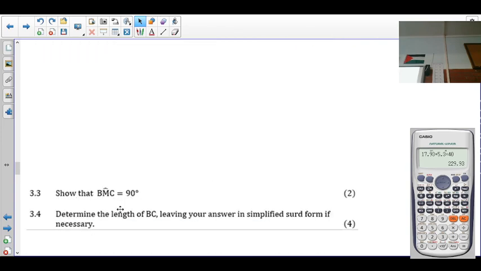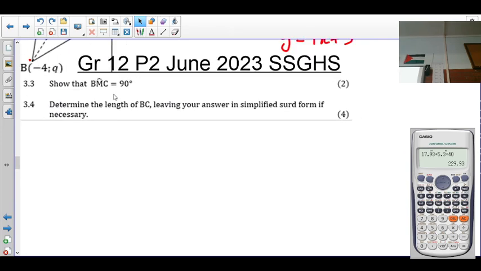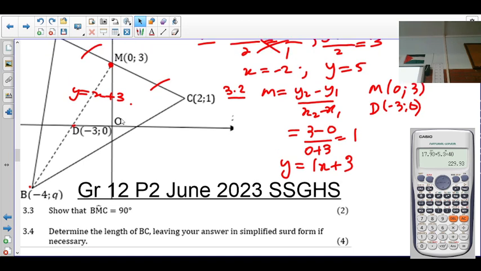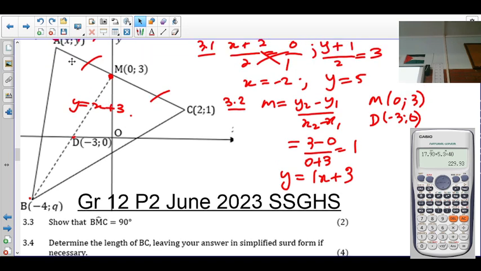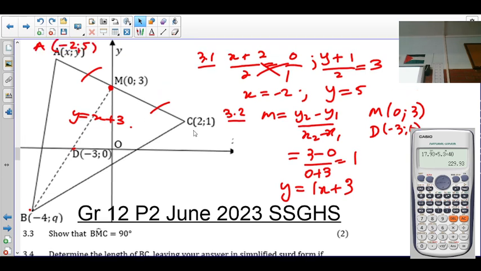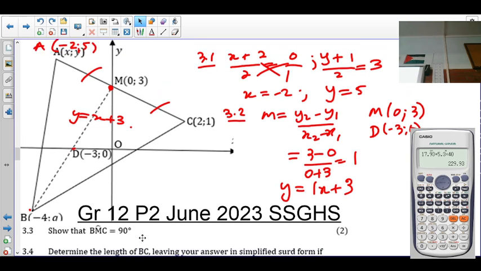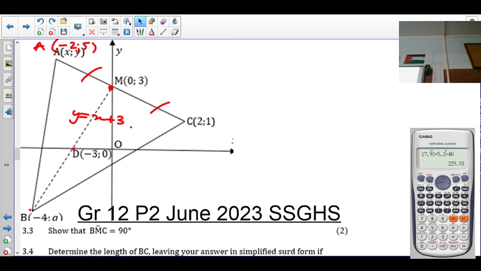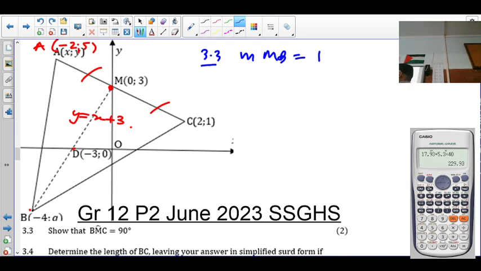Let's look at the next question. We are asked to show that angle BMC is 90 degrees. People, if lines are perpendicular, we know that the product of the two gradients is negative 1. I know at this point that the gradient of MB is 1. So if I can prove that the gradient of AC is minus 1, I've done the job.